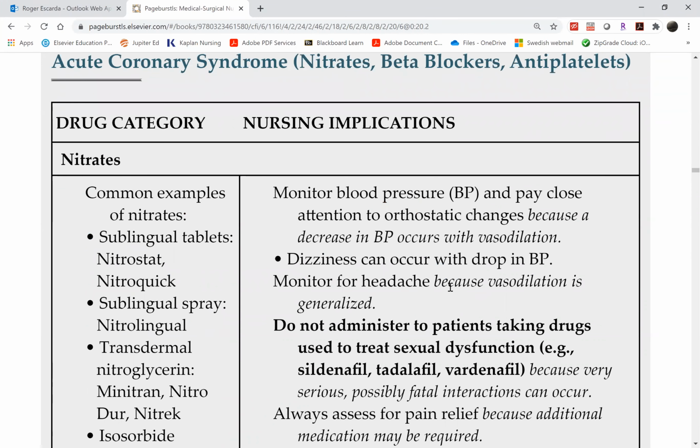In the acute episode, of course, we're only using the pills, the sublingual pill, the spray, or the IV infusion. For long-term vasodilation, meaning this is now after the acute episode, then the patient may switch to a nitro patch or ointment because it's more long-lasting.